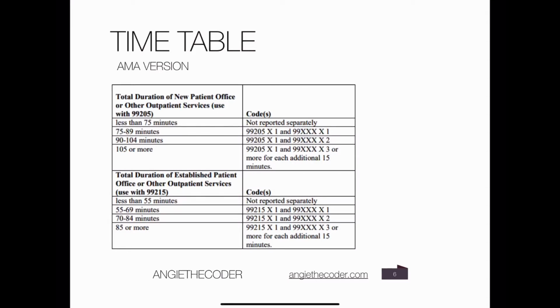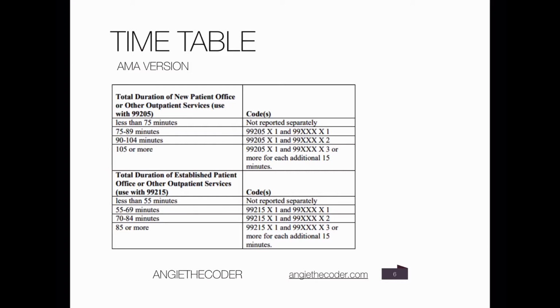The timetable will help make this a little bit clearer. The first set at the top of the table, those would be your new patient, 99205. If you had a patient that you spent less than 75 minutes with, you would not report a prolonged services code with that. You would just report 99205.